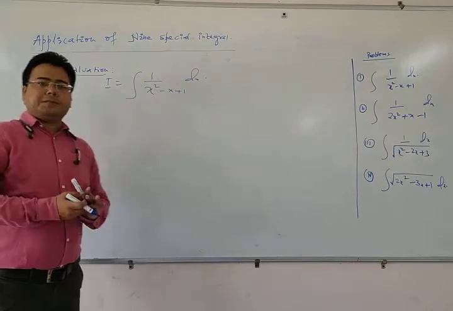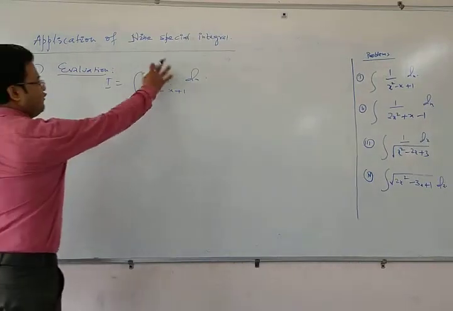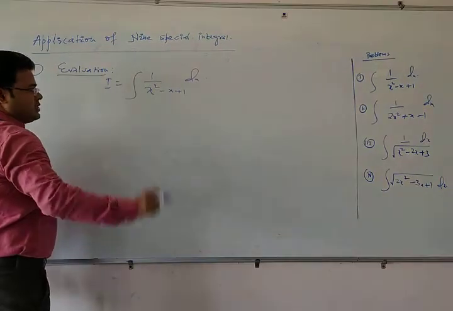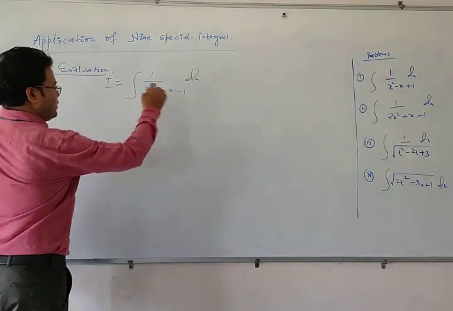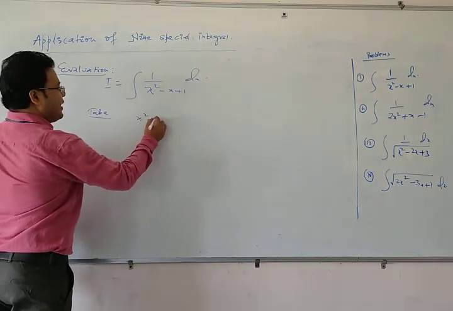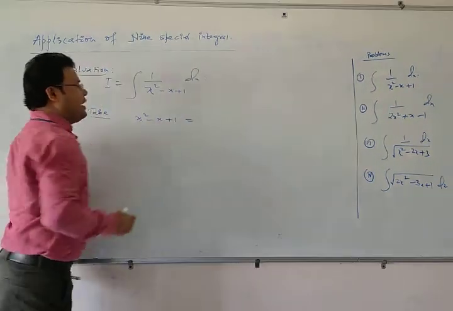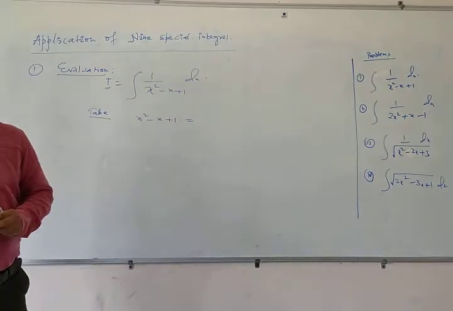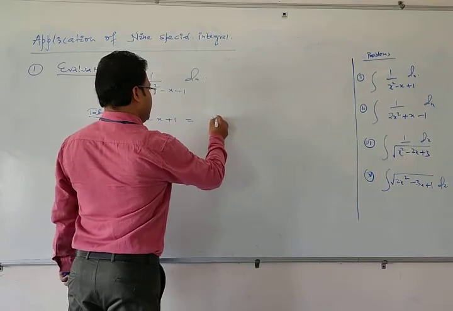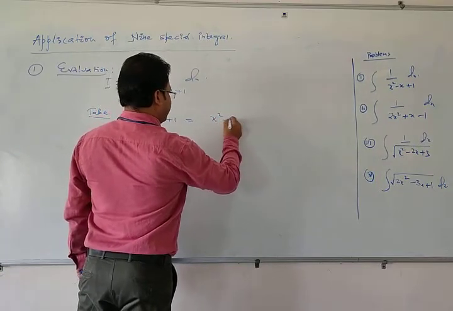So hello students, this is the first integral, and as you see, this is a quadratic expression. First of all, take x square minus x plus 1 and make it a sum of two perfect squares. So it becomes x square minus 2 into x, since this is minus.